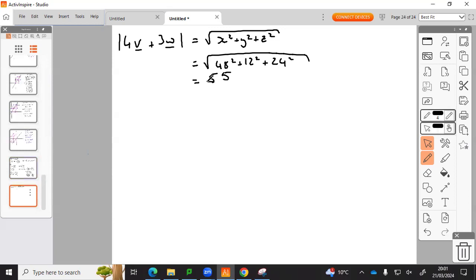Okay, that's me worked out the distance between 2 points, essentially, 2 vectors.